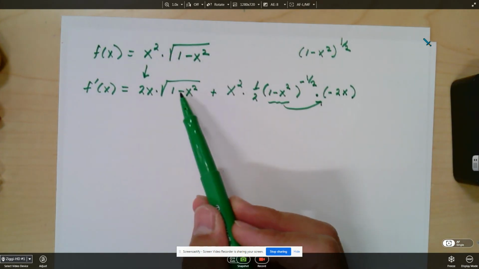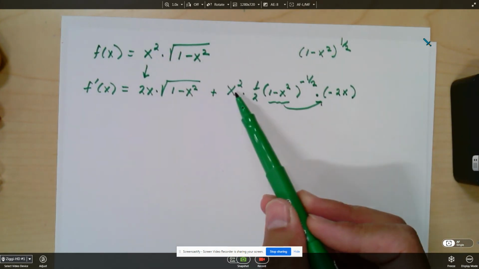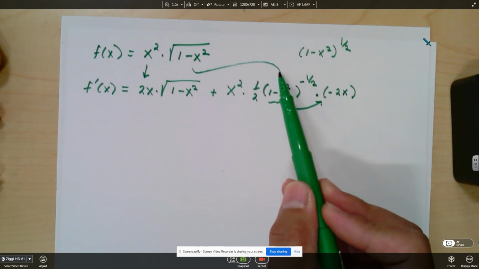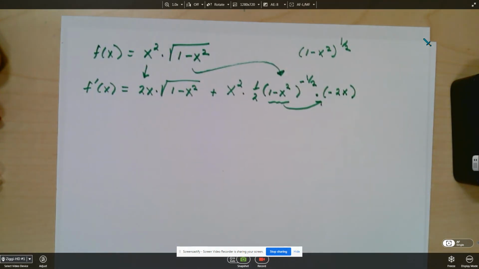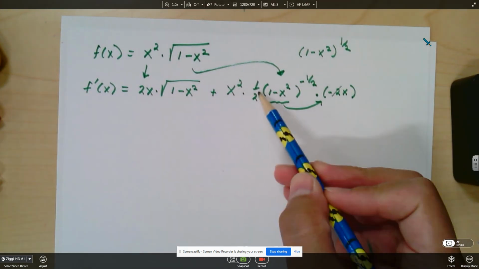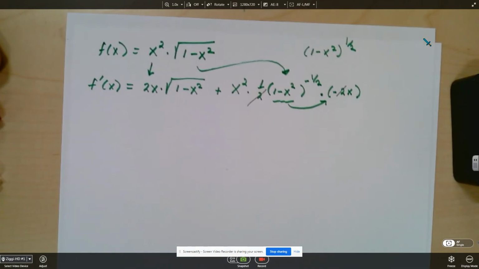So derivative of the first piece, leave the second piece alone. Leave the first piece alone, derivative of the second piece. But in that derivative, there is a chain rule that appears. So let's practice simplifying. Let's see, this 2 and that 1/2 goes away.